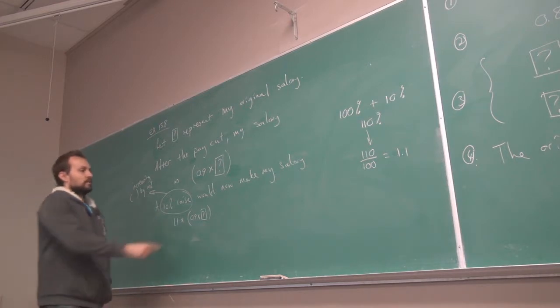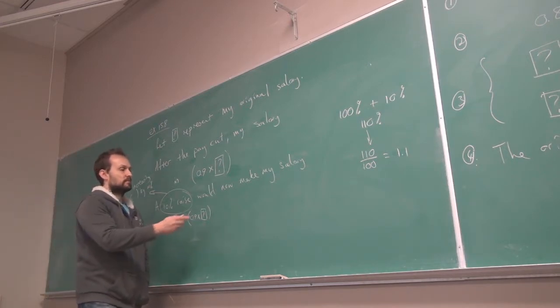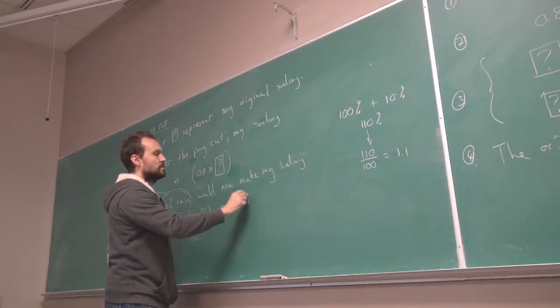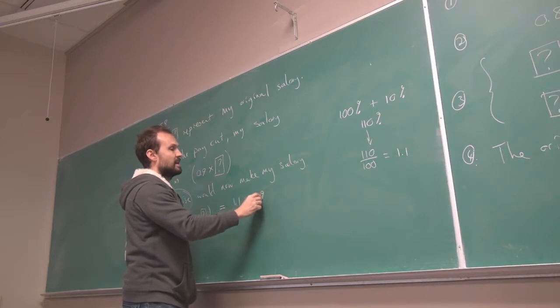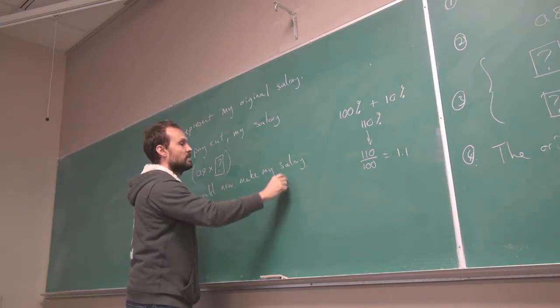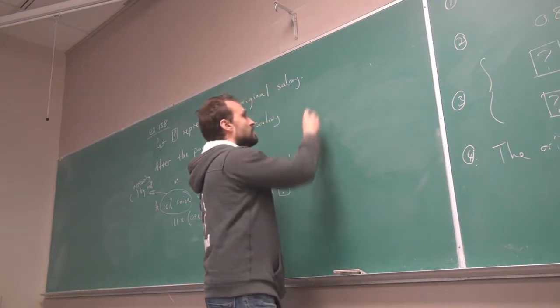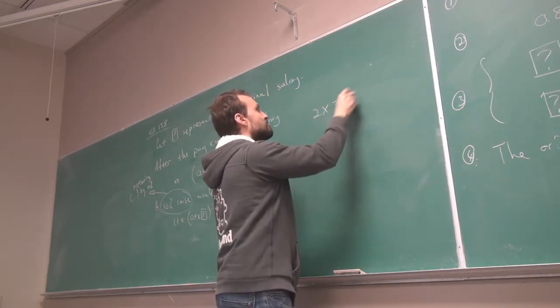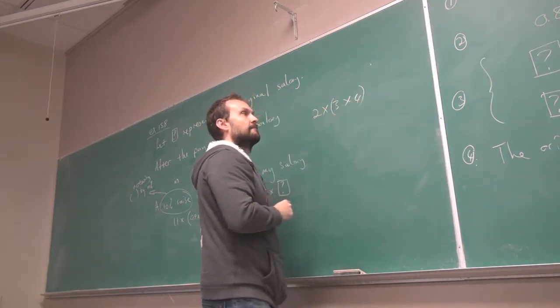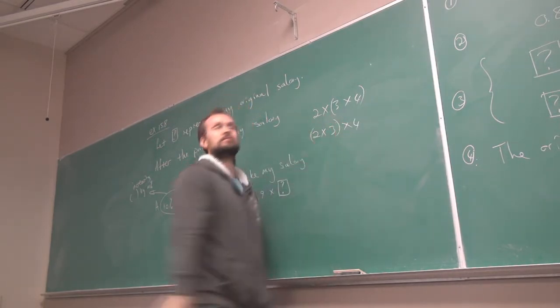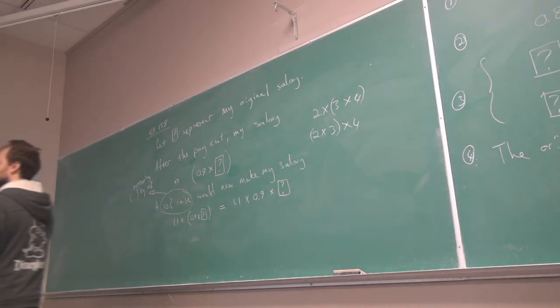So, the brackets here didn't actually matter. I can simplify this 1.1 times 0.9 times question mark. Because if you say 2 times 3 times 4, and you say 2 times 3, then times 4, is my answer different?